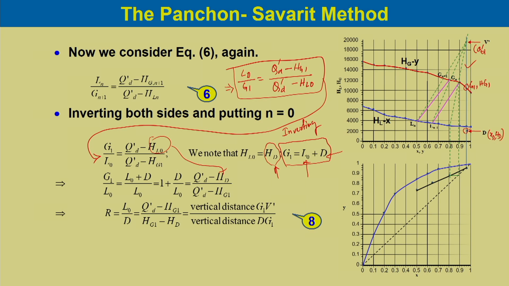So, this point. So, this is the vertical distance between G1 and D, that is D G1, and the upper one is the vertical distance G1 V dash. So, the reflux ratio would be the vertical distance G1 V dash divided by the vertical distance D G1.